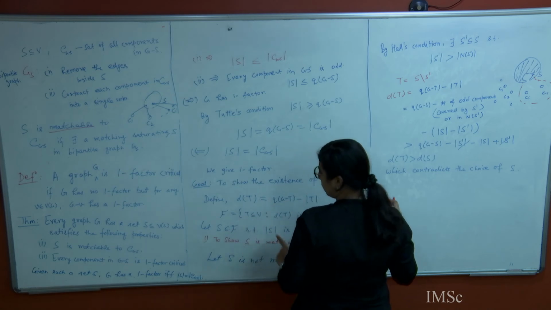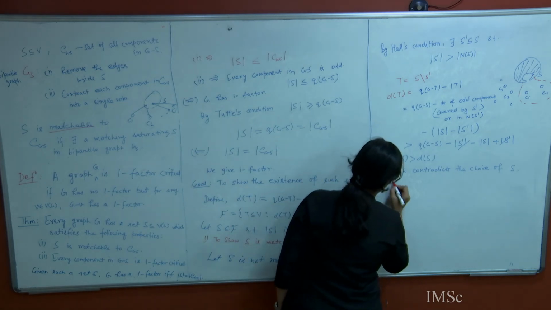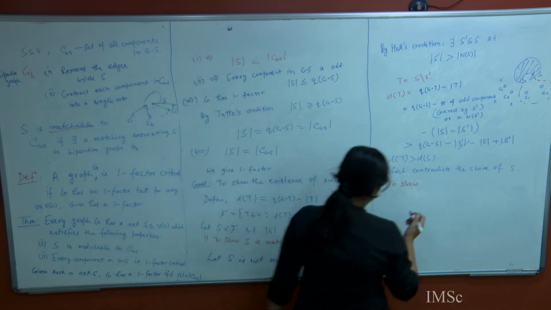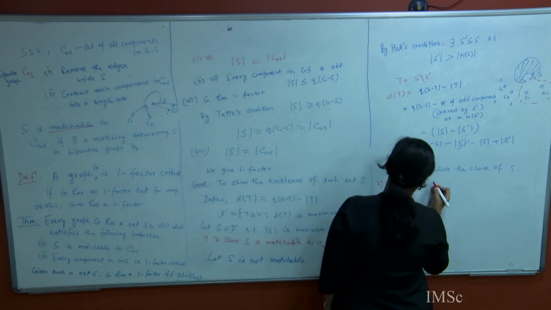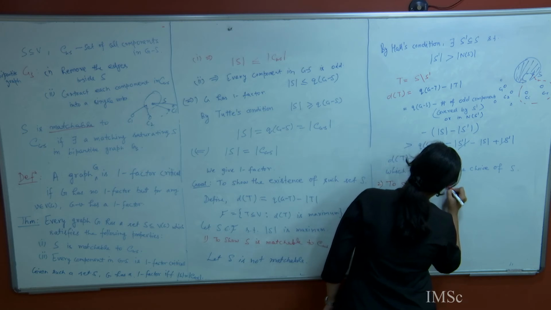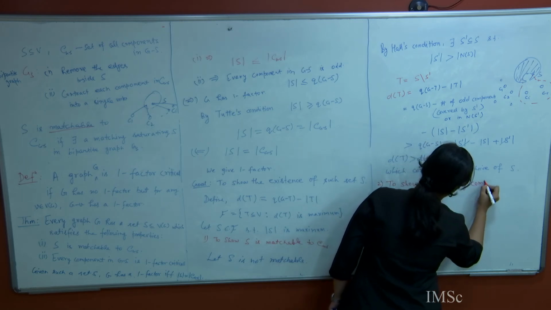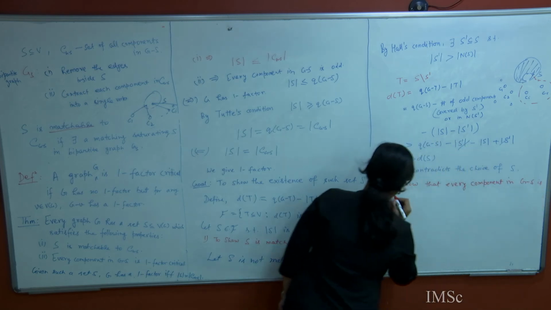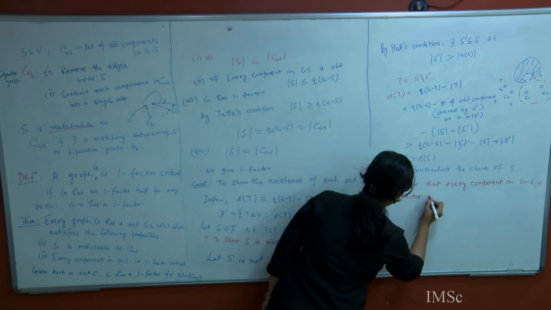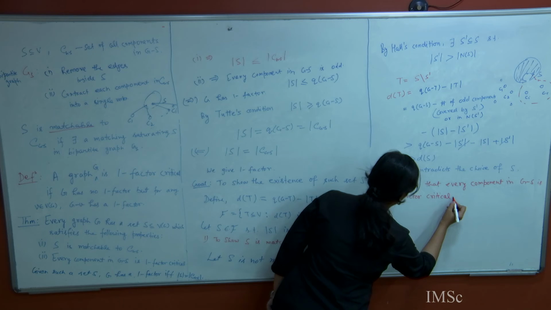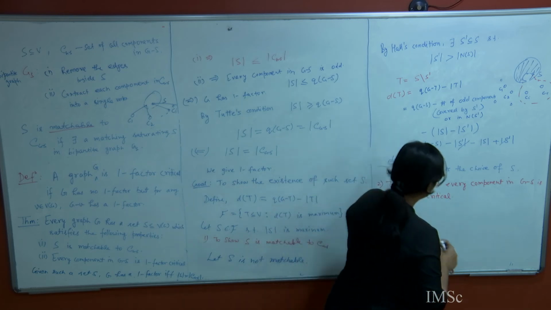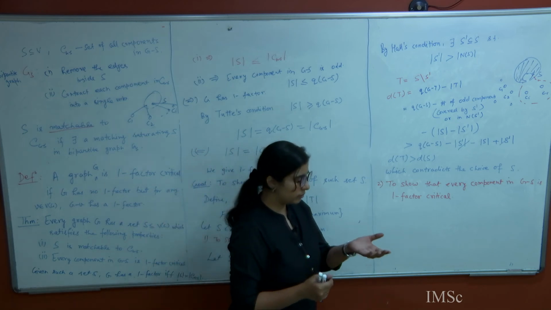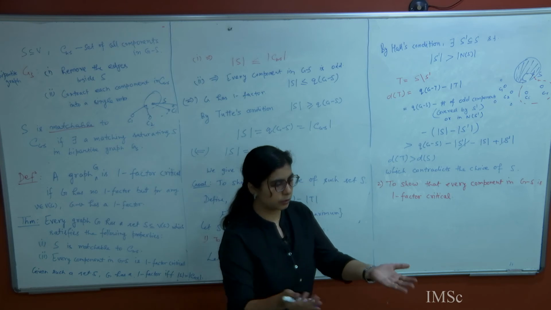Okay. So, our next task is to show that every component in G minus S is one factor critical. For one factor critical, what does it mean?